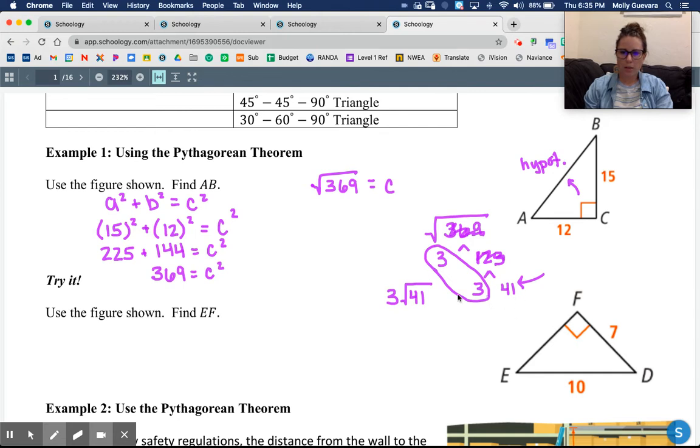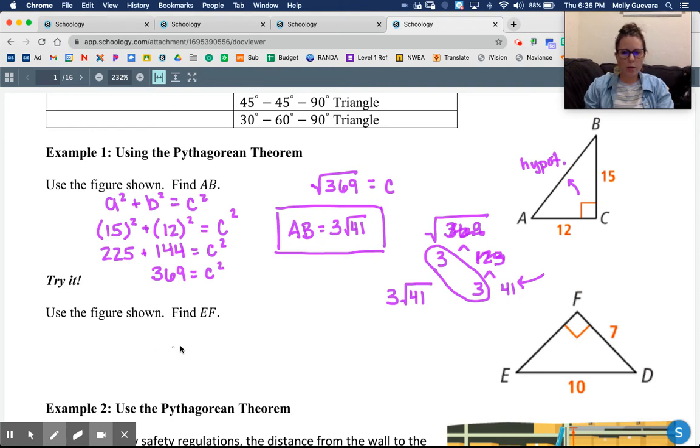So the length of AB in simplified form is 3 square root of... wow, I said 14, then I said 4. Both are wrong. It's the square root of 41. And there's the length.